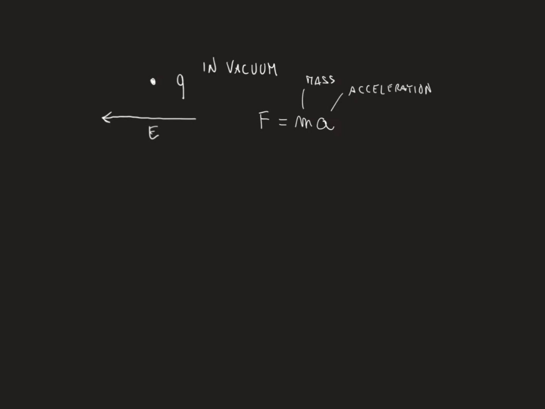The applied force can be expressed in terms of the field and the charge as E, the field, times the charge Q. From this equation, we get that the acceleration of the charge carrier, a, is given by the field times the charge divided by the charge carrier mass. This is the case of a charge carrier moving in vacuum.